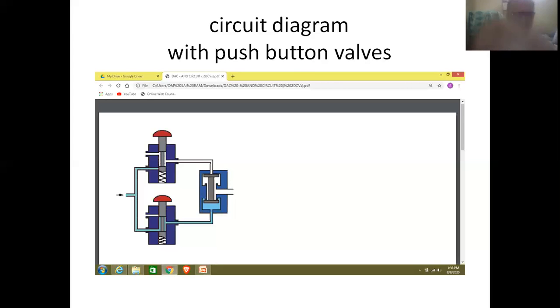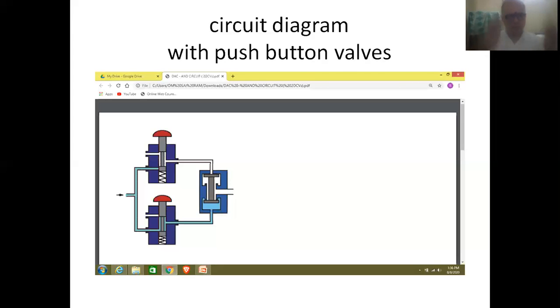Now, friends, when the push button comes into action, the plunger moves in the downward direction and the valve will come to first position. And if the spring force moves the plunger in the upward direction, the valve will come to second position.